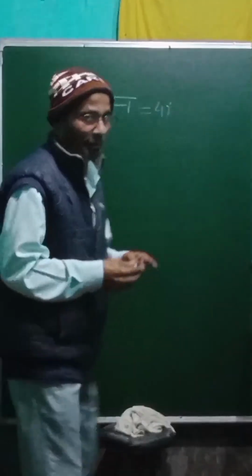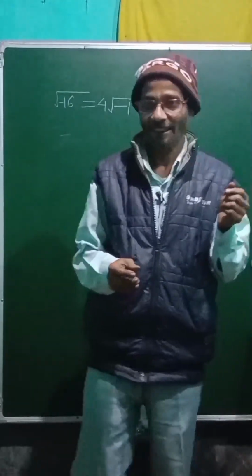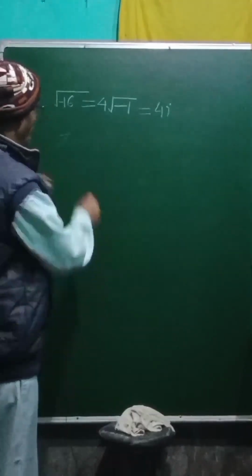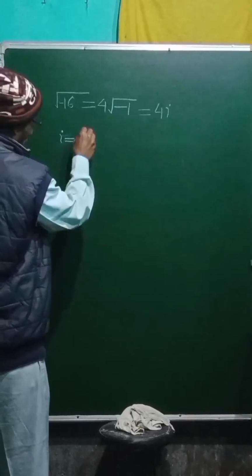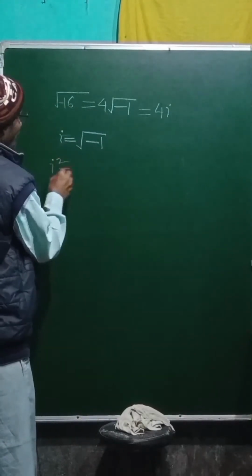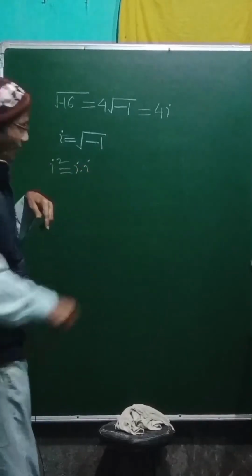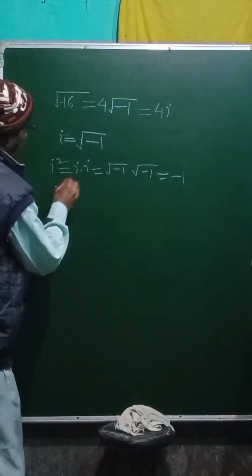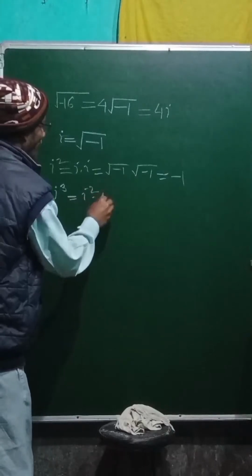Okay, we come back to imaginary number powers again to understand something. If iota is equal to under root minus 1, then iota square is equal to iota into iota, which is minus 1. Then iota cube is equal to iota square into iota.